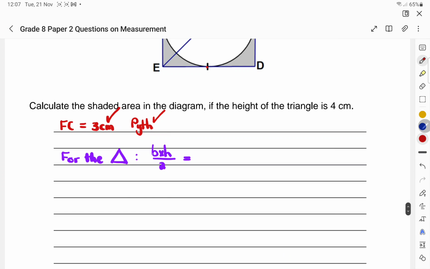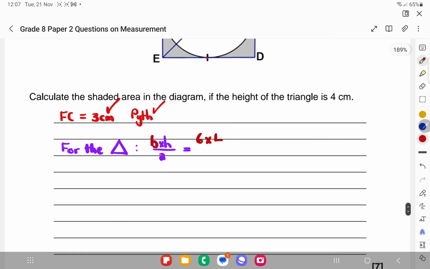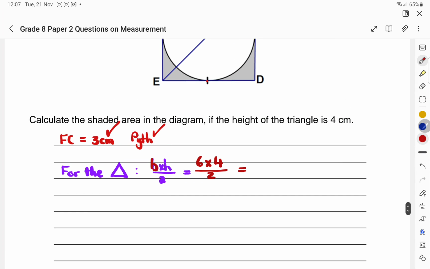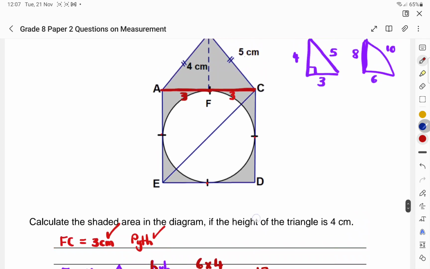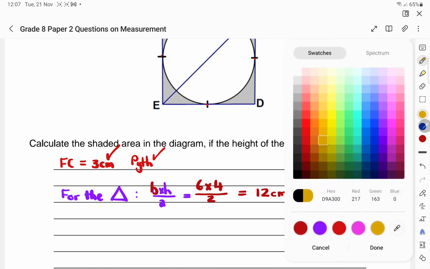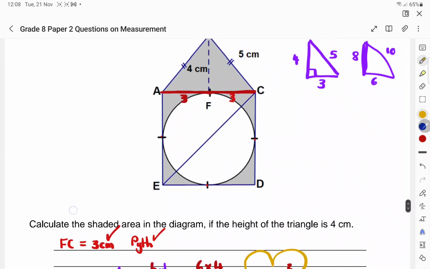So the base of that triangle is 6 times the height, which is 4, divided by 2. And 6 times 4 is 24, divided by 2 gives you 12 centimeters squared. And then I'm going to make a little heart, and know that is one part of my answer now.